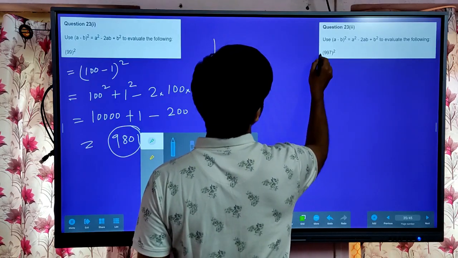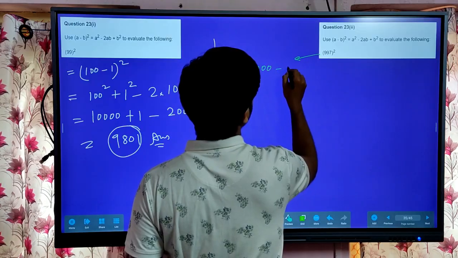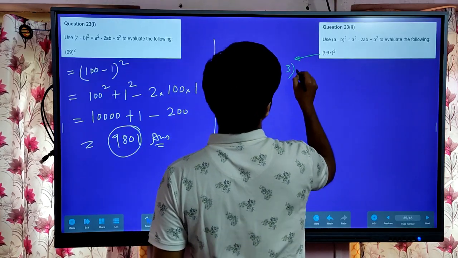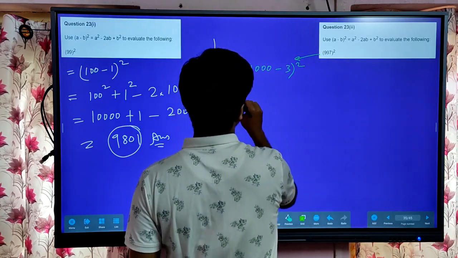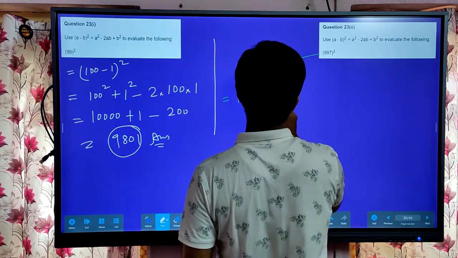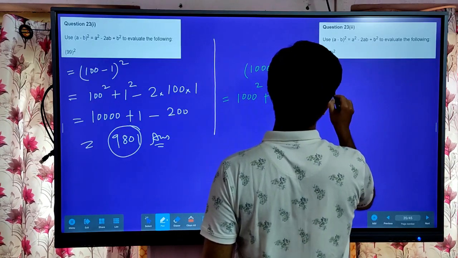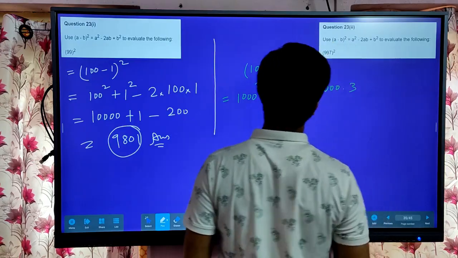997. 997 can be written as 1000 minus 3 whole square. So it will be a square plus b square minus 2ab, 2 into 1000 into 3.